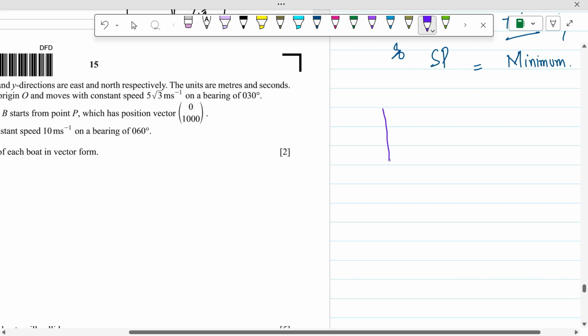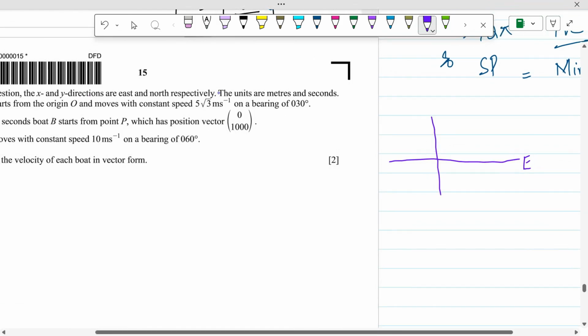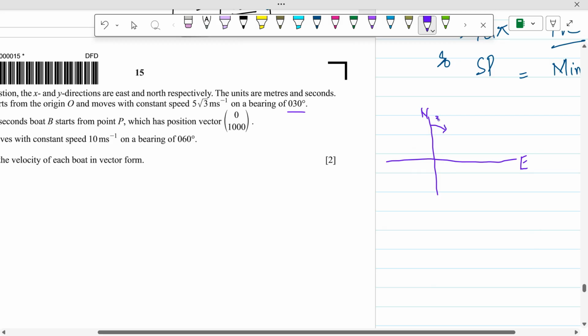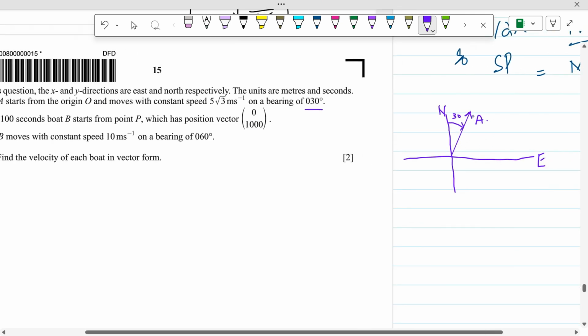First, we should know that the x-axis is east and the y-axis is north. And we have the bearing of 030, which means 30 degrees. This is the direction of boat A with a constant speed of 5√3 meters per second.